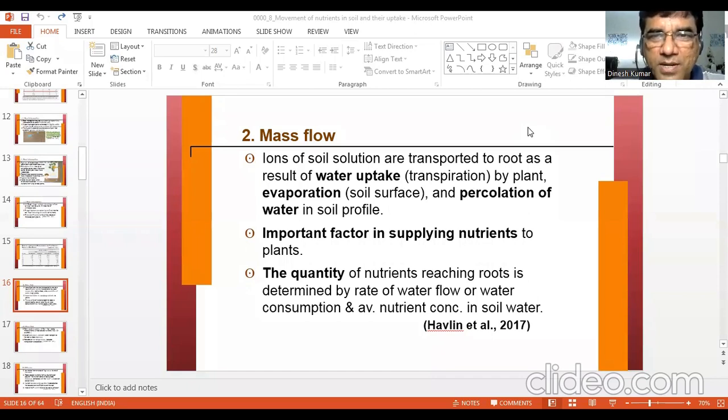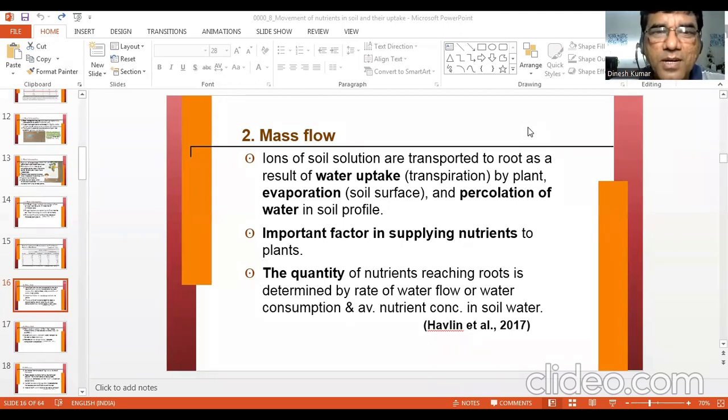I told you sometime back also, you need to have sufficient water in the soil to make the nutrients available to the plant. If there is no sufficient water, the nutrients will not solubilize, they will not be part of soil solution, number one. Number two, even their movement through mass flow will not be possible if soil is not having water.